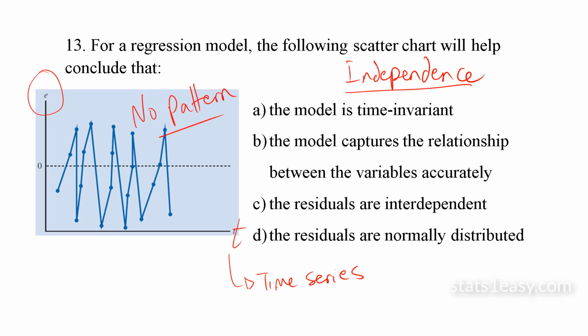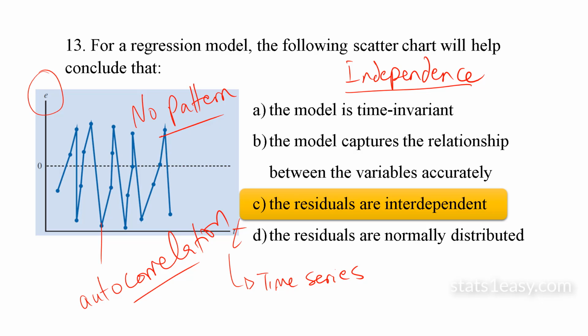Whenever that happens, we say we have autocorrelation. So that is a violation of the independence requirement. So that autocorrelation basically says we violated the independence requirement, so the errors are no longer independent, they are dependent. So the best answer here is C, that is, the errors are interdependent or dependent.